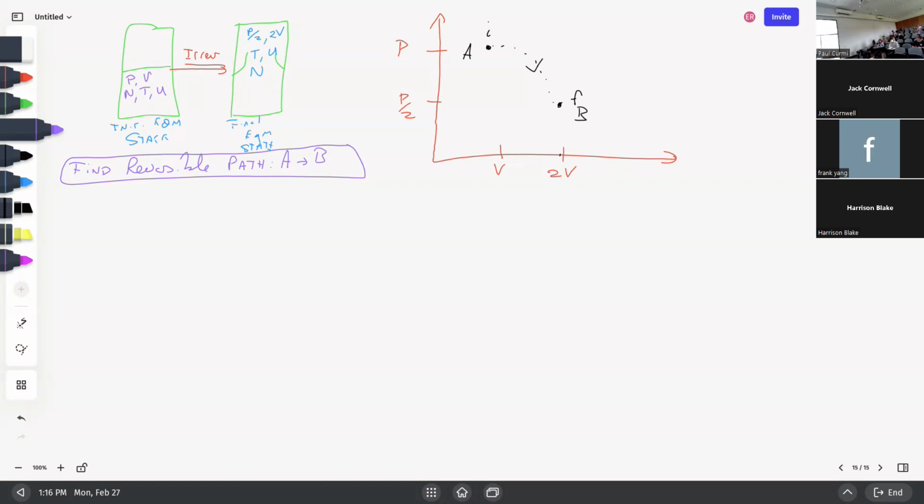So find the reversible path. Infinite number. Okay, but choose the easy one. Okay, don't follow the blowfly. You'll go mad. So since T equals a constant, therefore isothermal.